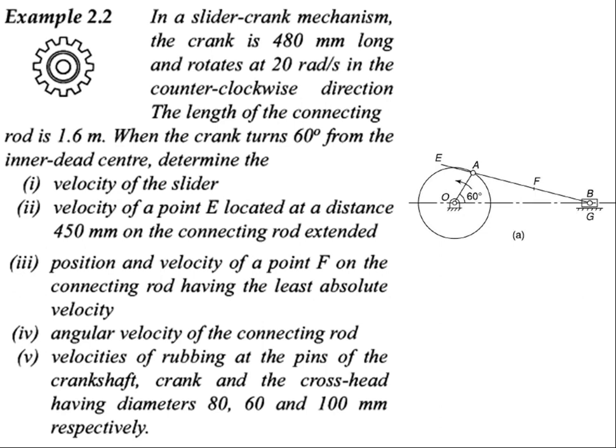Then you have to find the velocity of a point E located at a distance of 450 mm on the connecting rod extended. So the point E is coming extra there.